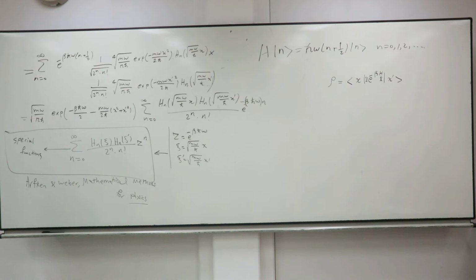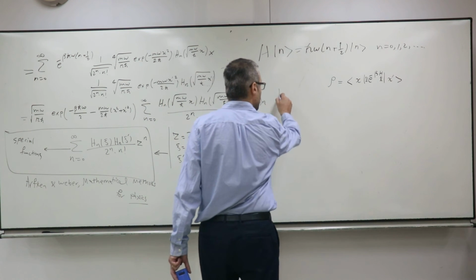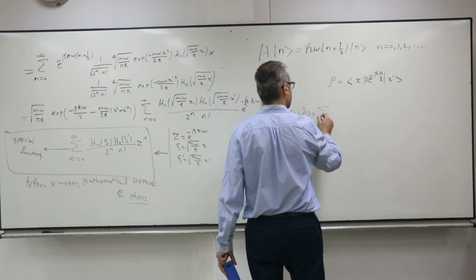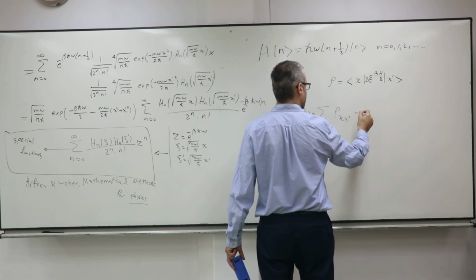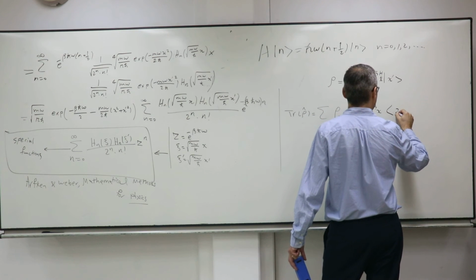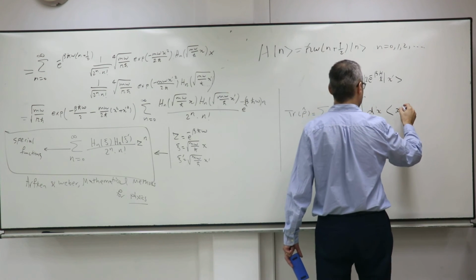To make the trace, when you find that, you also need the trace. So the trace will be again the sum of rho x x, integral over x, not cubic, one dimension, just x.